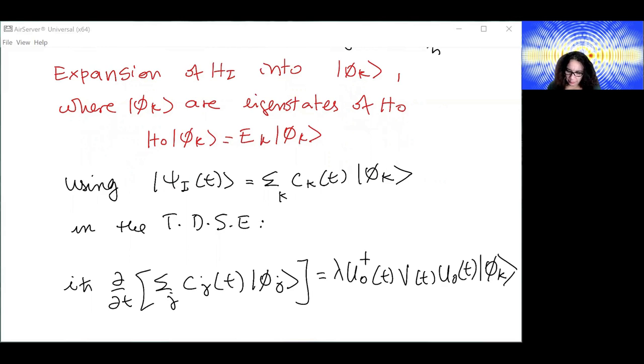So here we wrote our Hamiltonian in the interaction picture. Here we're considering also, I forgot here the sum, sorry.